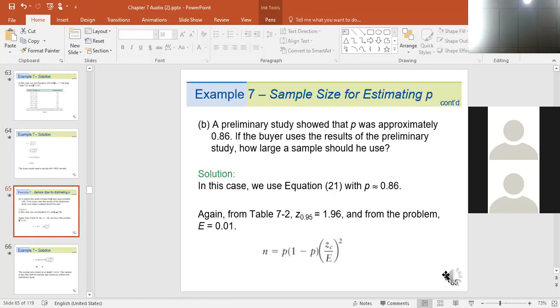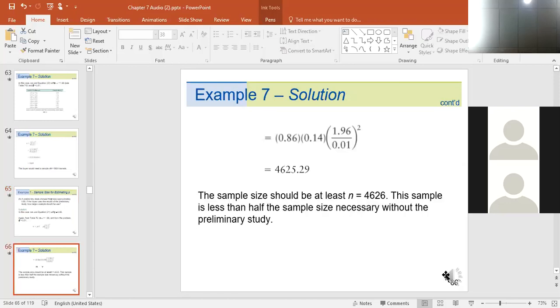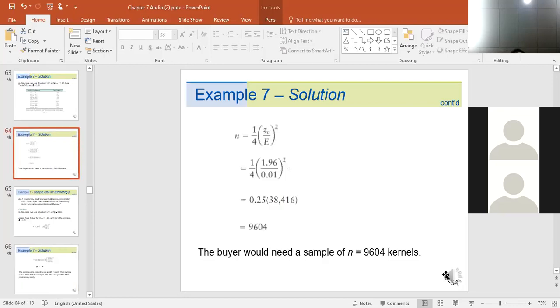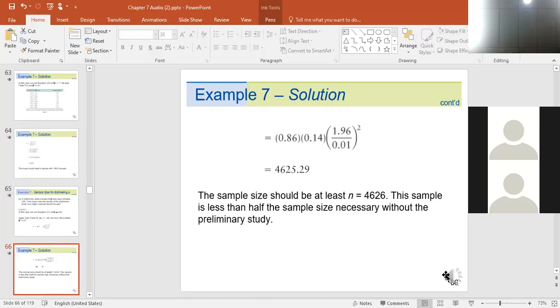It's like multiplying by 100. So what do we get here? This is equal to 4625.29.